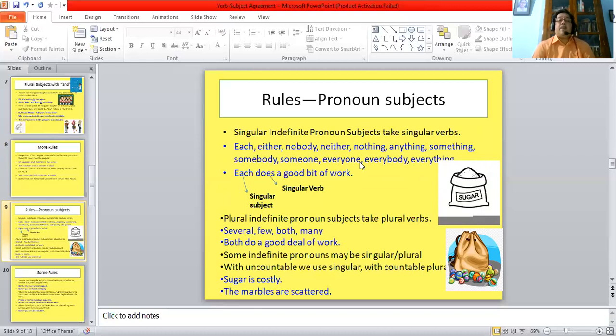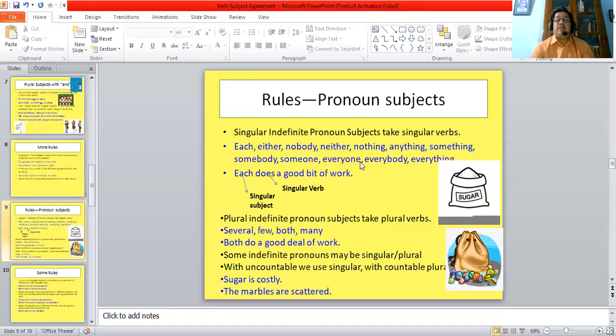Now, what about plural indefinite pronoun subjects? Plural indefinite pronoun subjects will correspondingly take plural verbs, like several, few, both, and many. Here we have an example: both do a good deal of work. Some indefinite pronouns may be either singular or plural.